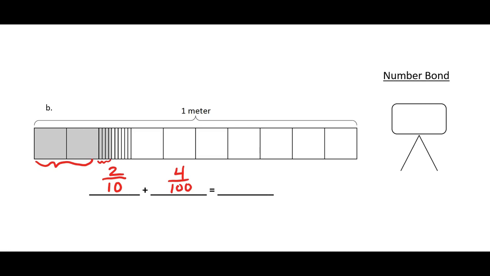So we'll write both of those numbers in decimal format. I don't have any whole meters shaded in, but I have 2/10ths and I have 4/100ths. We can write that as our number bond. We'll start by writing it in decimal form. And then the 2 means that we have 2/10ths, and the 4 means that we have 4/100ths.